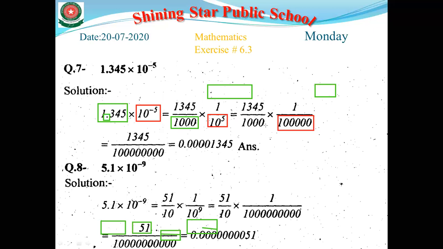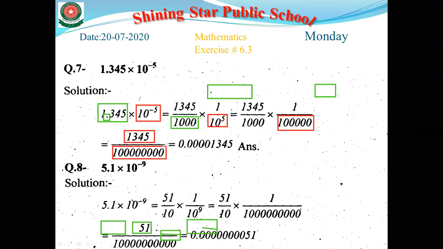Now 1345 divided by 1 and 8 zeros, so it becomes 0.00001345, because in the denominator how many zeros? Total is 8 zeros. So when we divide 1345, there are 4 digits in the numerator, but in the denominator we have 8 zeros.